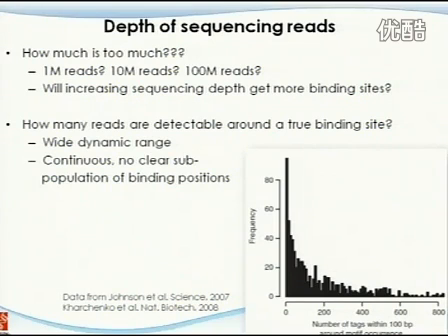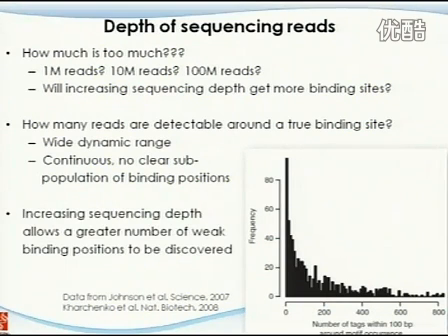Some of the binding sites have maybe 800 reads in that region. Others have maybe 10, 5 reads. So it's a huge, huge dynamic range. It's continuous, with no clear subpopulation of binding positions here. So this suggests that increasing sequence depth allows a greater number of weak binding positions to be discovered.